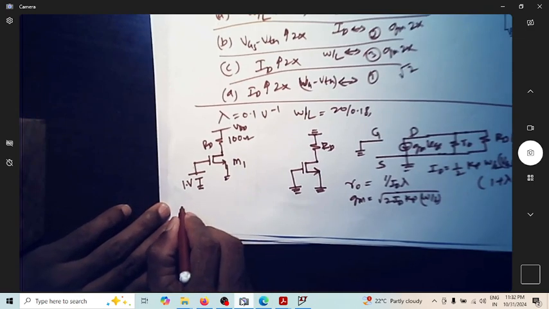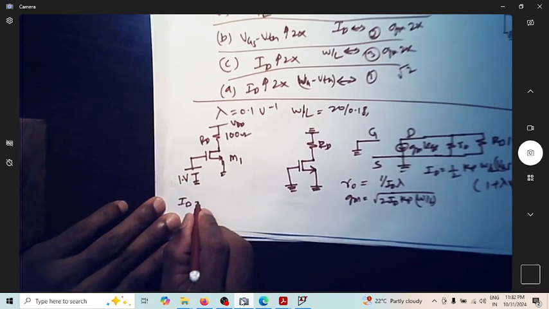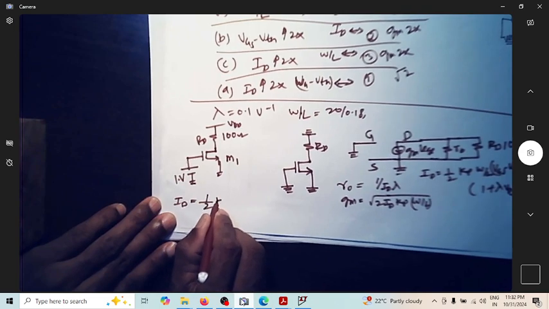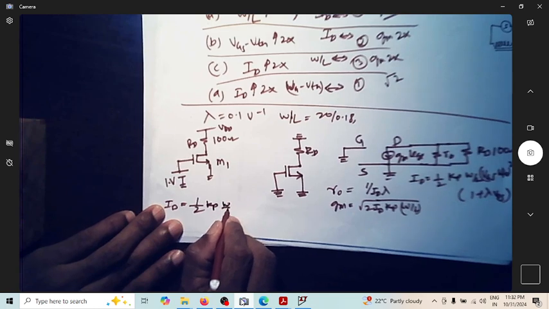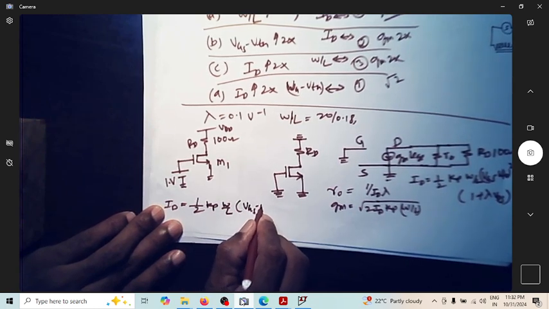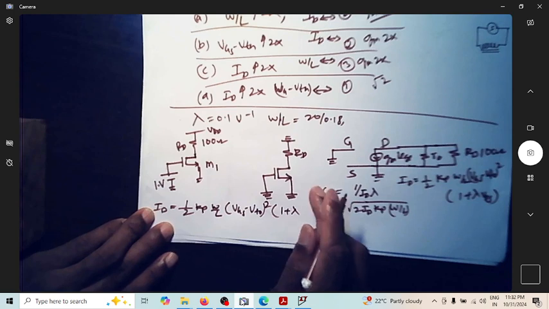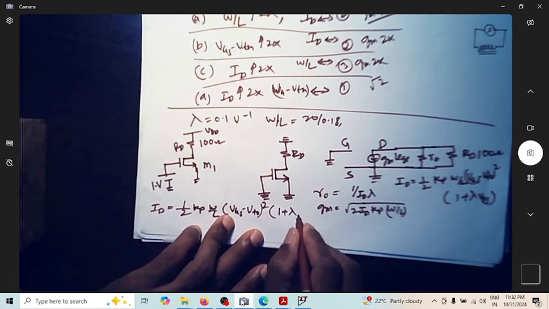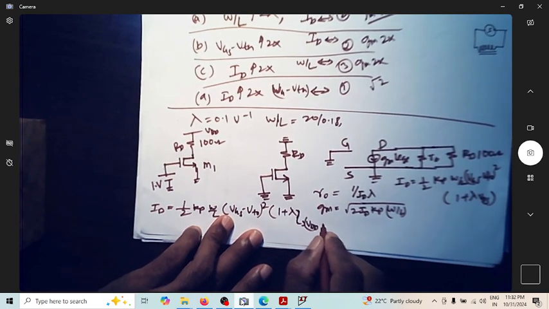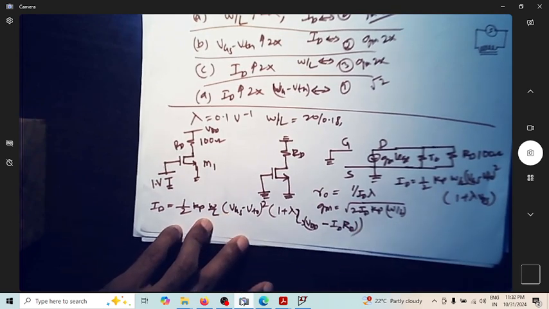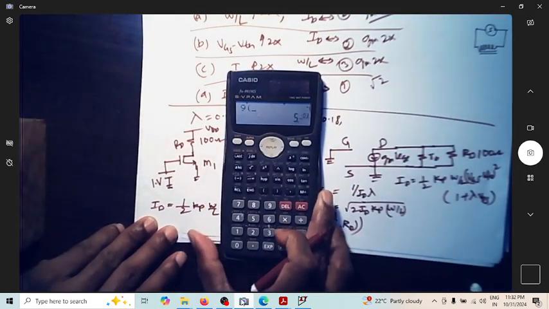ID is equal to half Kp W by L (VGS minus VTO) whole square into (1 plus lambda VDS), where VDS is actually VDD minus ID into RD, and RD is 100 ohm. Okay, let us substitute all these things.